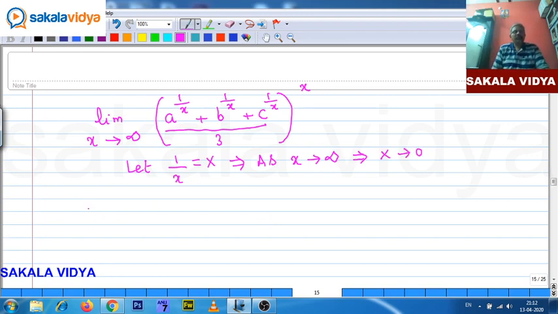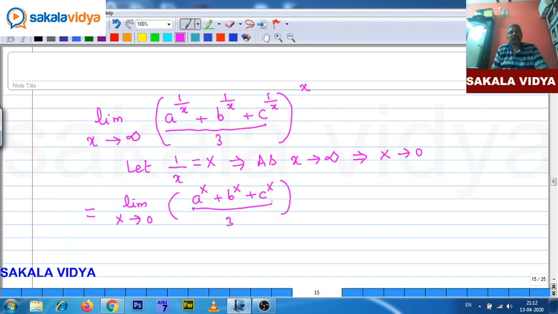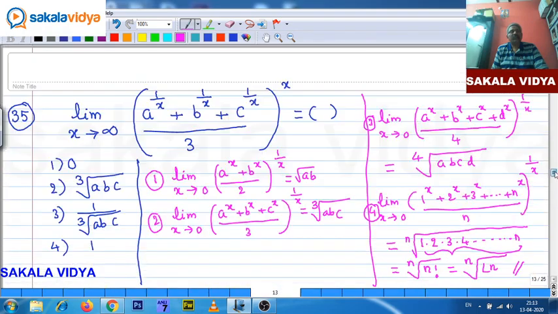We can write this problem as: limit capital X tends to 0, ((a^X + b^X + c^X)/3) to the power of small x, which is 1 by capital X. Already we have discussed, this is cube root of abc. That's the answer. So here the option is the second option. Understood now? It's a very important problem we have discussed here.